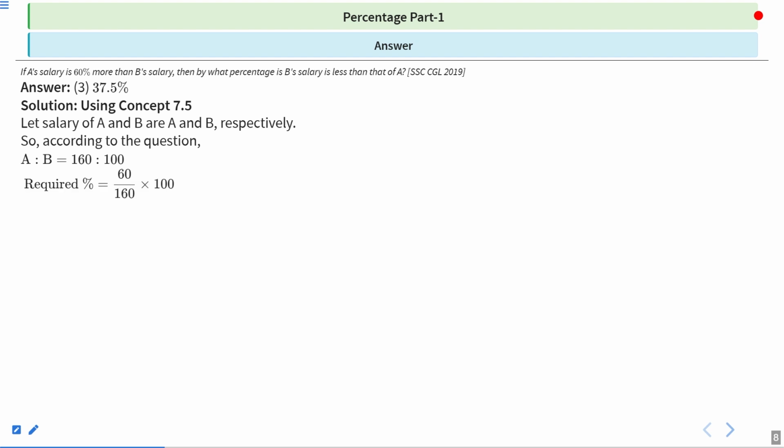So the required percentage: B is 60 rupees less than A. A is 160, so the required percentage will become 60 upon 160 multiplied by 100. So B is 37.5% less than A. So the third option is the correct answer. Next one.